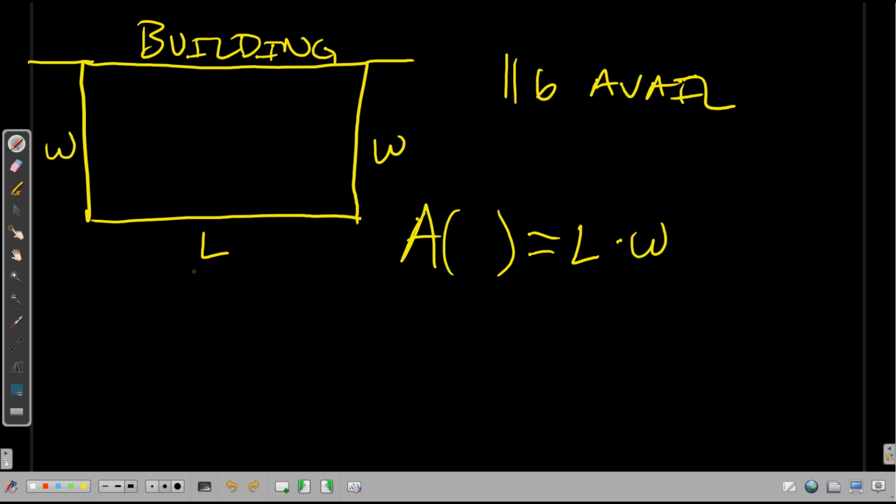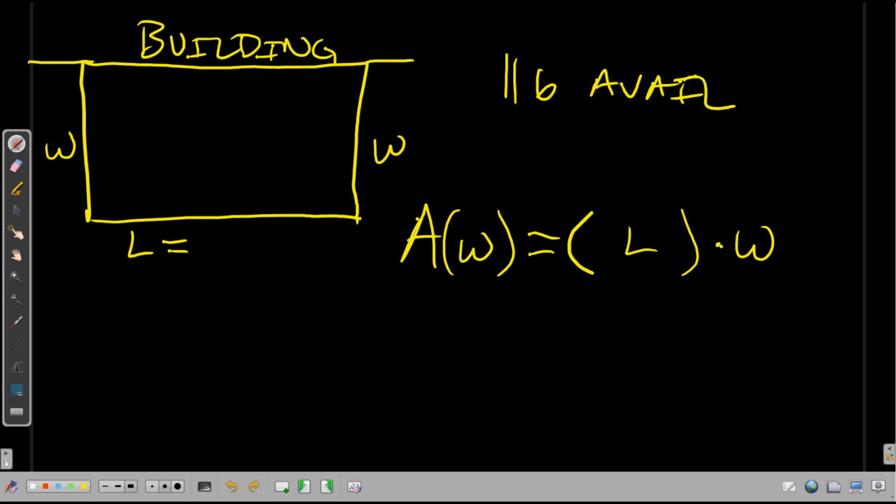And that means that if I let the width be our variable, then I can rewrite the length in terms of the width.